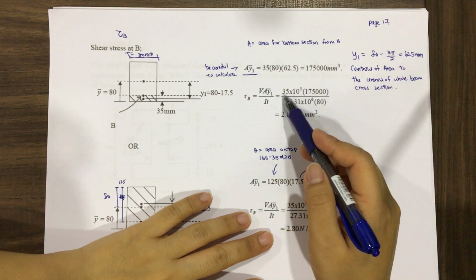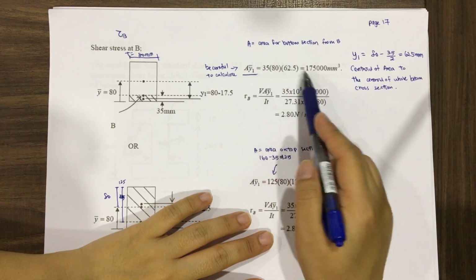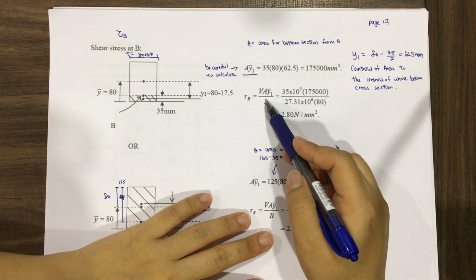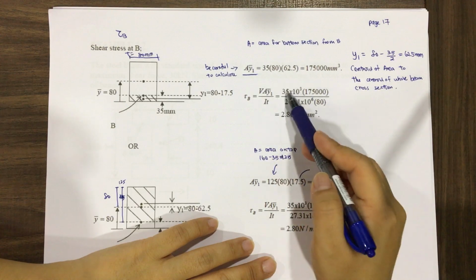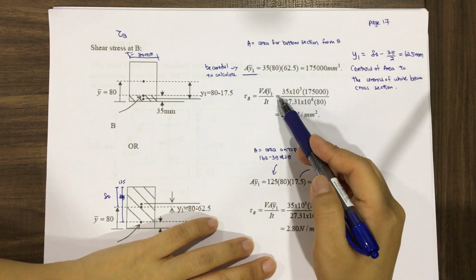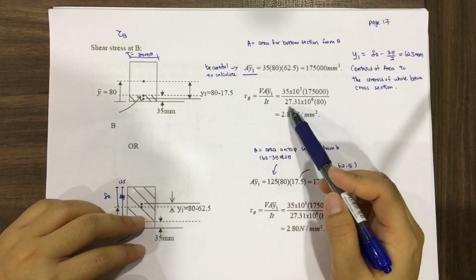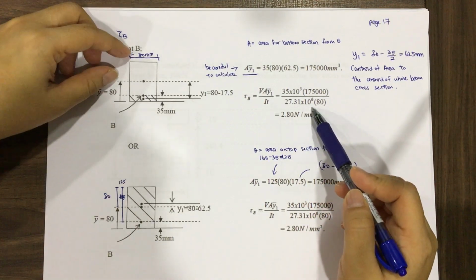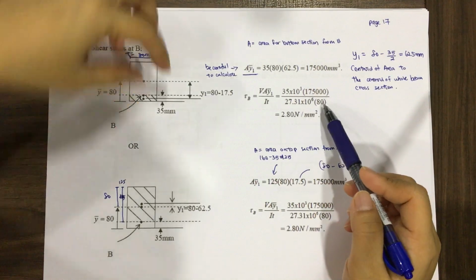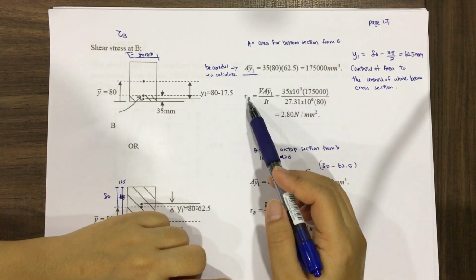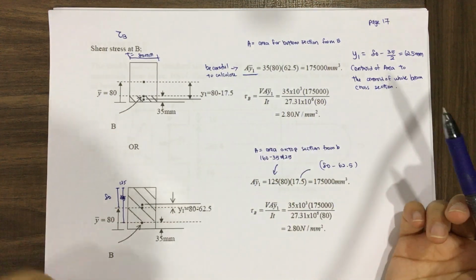You input it into the formula and get AY1. If you just want to put directly into the formula, there is no problem. V, just now you calculated, is 35 kilonewtons. Then you input the value of I, and T is the thickness, which is 80. You input all the values and you will get the shear stress at B.